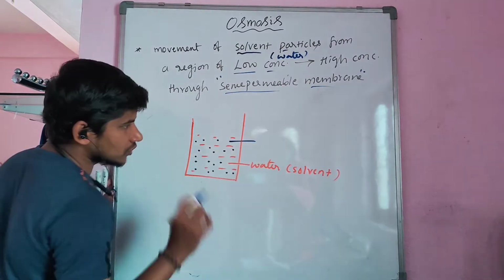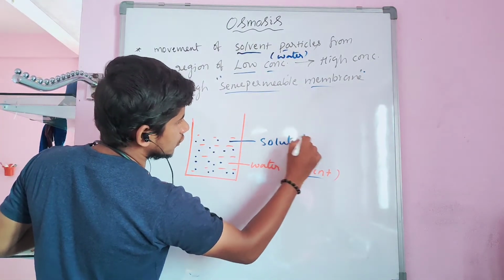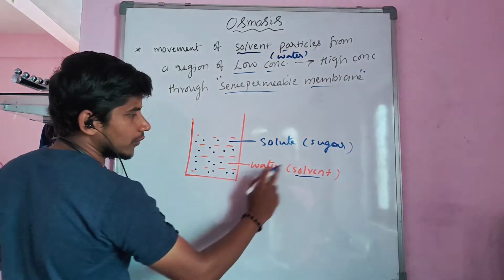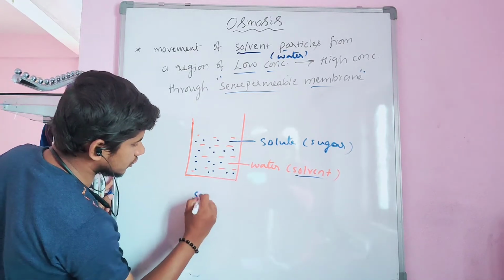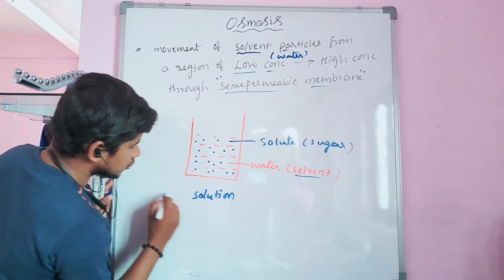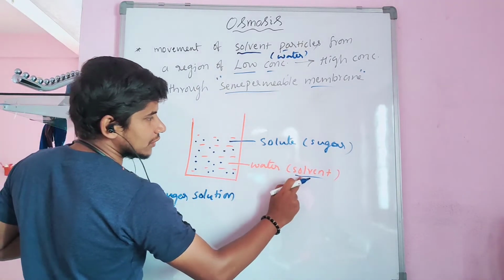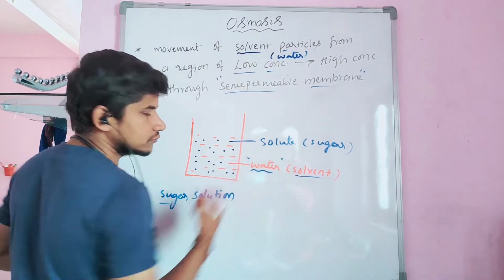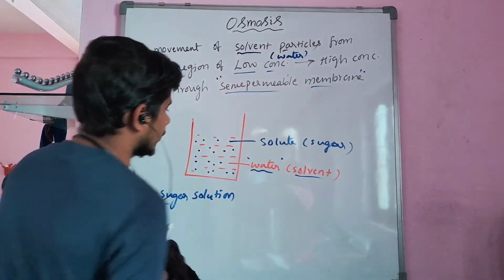The substance which is dissolved in a solvent is called a solute. So here sugar is a solute and water is a solvent. Together water plus sugar is called a solution. Now this is the sugar solution. That means the solute was dissolved in the solvent. So here what is the solvent? Water.